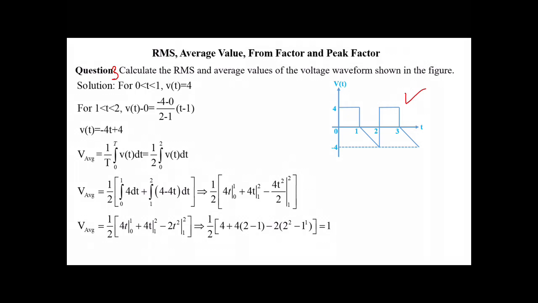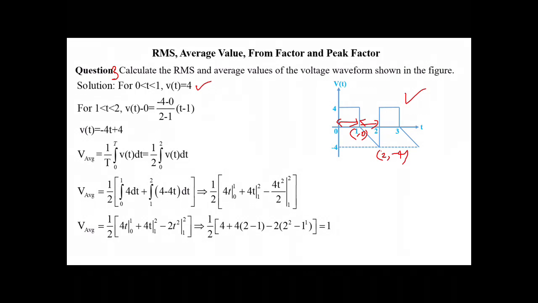So during the time interval 0 to 1, the magnitude is fixed and that is 4 volt. For 0 to 1, V(t) equals 4, while during the next interval there is a line and the coordinates of this line are 1, 0 and 2, -4.